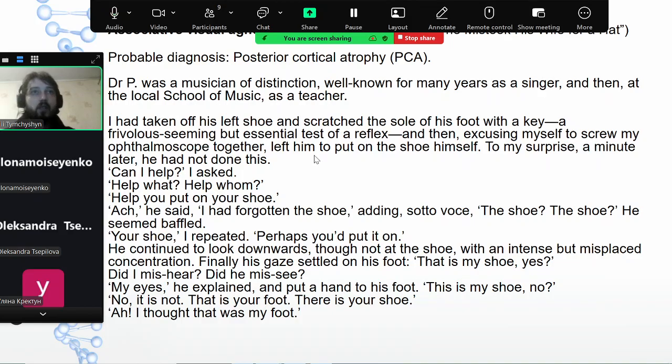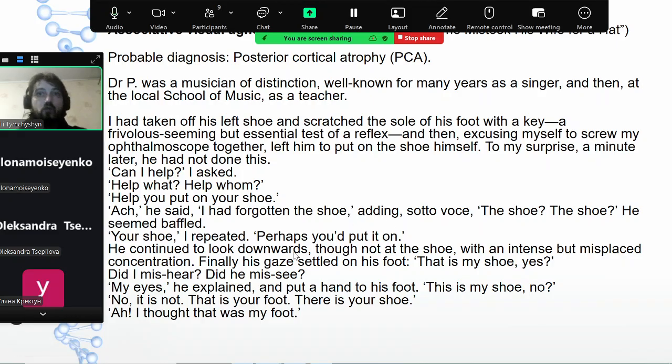So he's now sitting without a shoe. To my surprise, a minute later, he had not done this. "Can I help?" I asked. "Help what? Help whom?" "Help you put on your shoe." "Ah," he said, "I had forgotten the shoe." Adding sotto voce, "The shoe," he seemed baffled. "Your shoe," I repeated. "Perhaps you'd put it on."